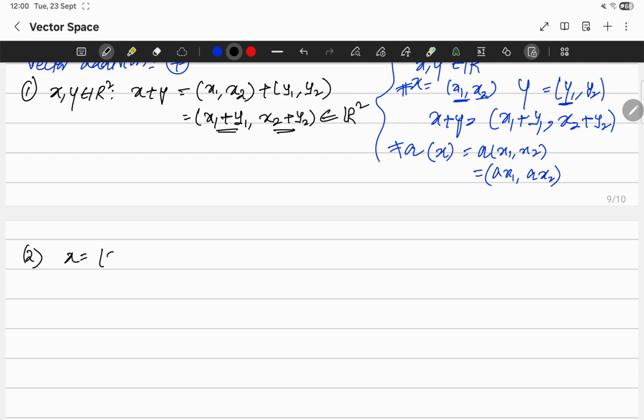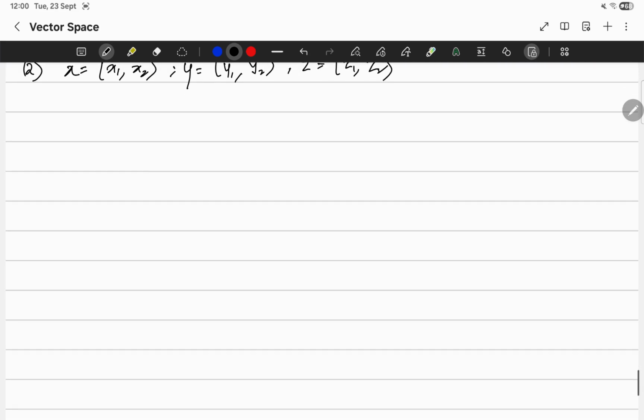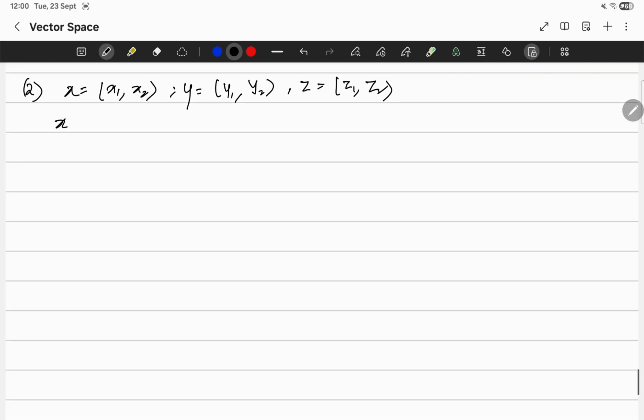Now the second property. If x is equal to x1, x2, y is equal to y1, y2, z is equal to z1, z2, then x plus y plus z will be x1, x2 plus y1, y2 plus z1, z2.